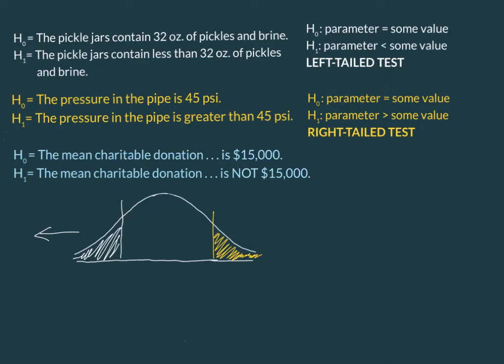We have an H1 where the parameter is greater than some value, and we have a right-tailed test because we are interested in the right tail of the normal distribution. And finally we have the case where we have H0, a parameter equals some value, and H1, where a parameter does not equal that value. We don't care what else it equals, but it doesn't equal that value. And thus, we have a two-tailed test.